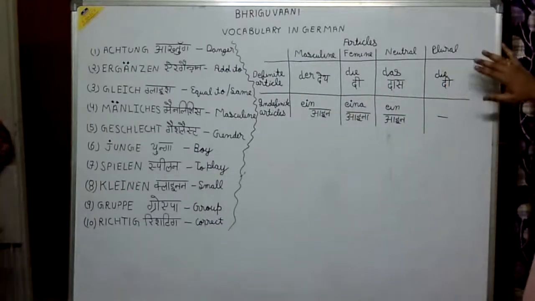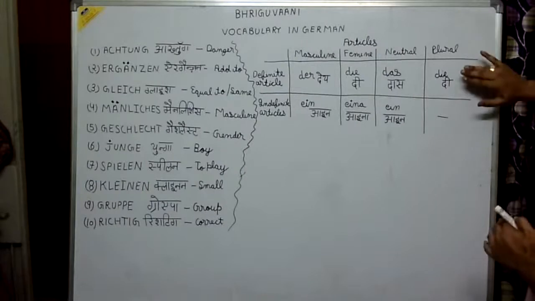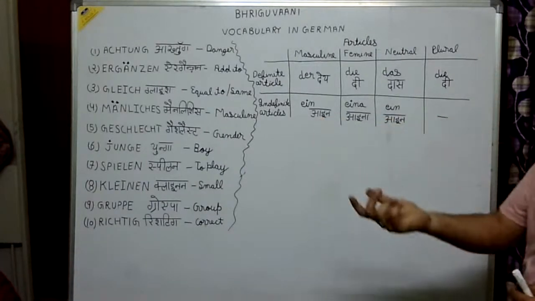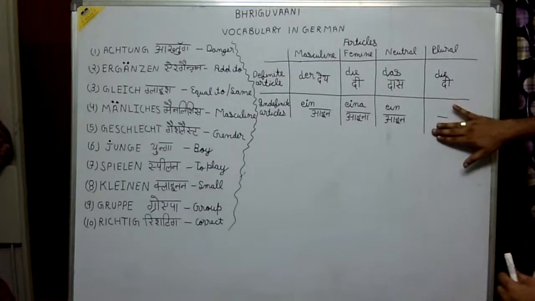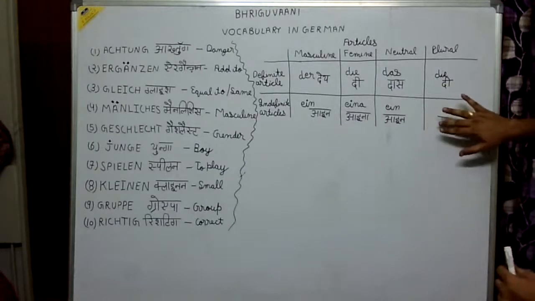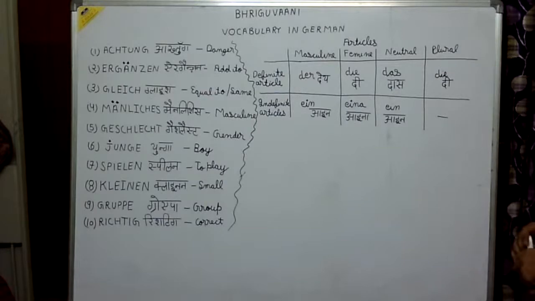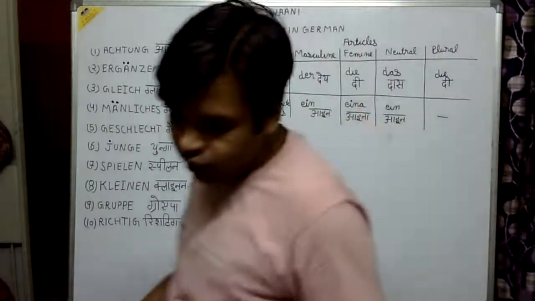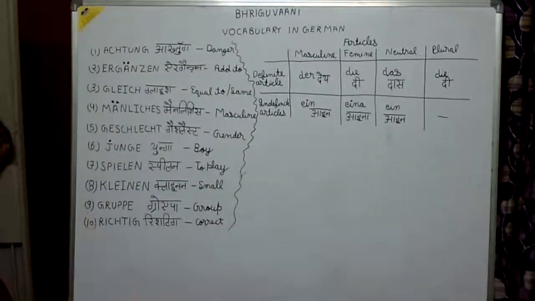So for plural, we have die. In this case, we don't have any such word. So this is a small table which I have drawn in front of you. Now we will look at some examples.